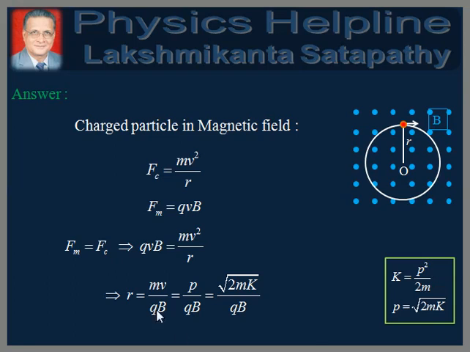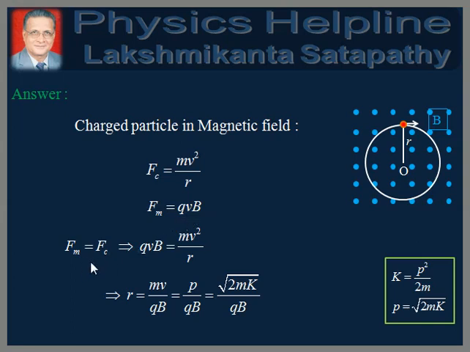Now, for the answer. We have already discussed the motion of a charged particle inside a magnetic field. So, let's just post the equations. The necessary centripetal force is given by Fc is equal to mv square by r, where m is the mass of the charged particle and r is the radius of the circular path. And Fm, the magnetic force, is equal to QvB, that we have already discussed.